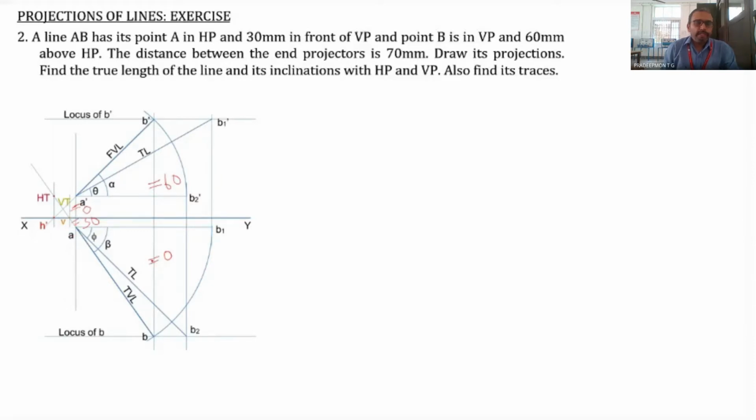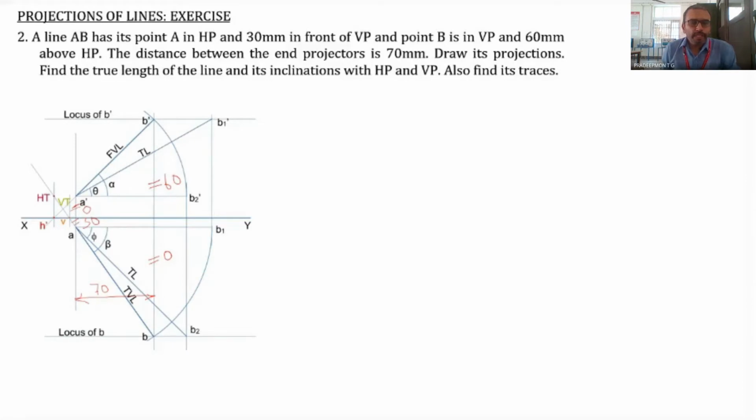And the distance of small letter b from XY should be equal to 0, and the distance of B dash from XY should be equal to 60 millimeter. So this is the data that is given. Then the distance between the end projectors, that is the distance between these two projectors, should be 70 millimeter. So this is the data that is given.